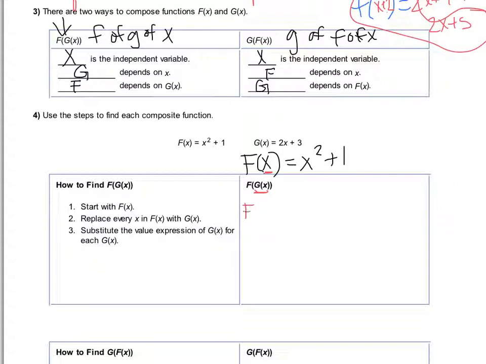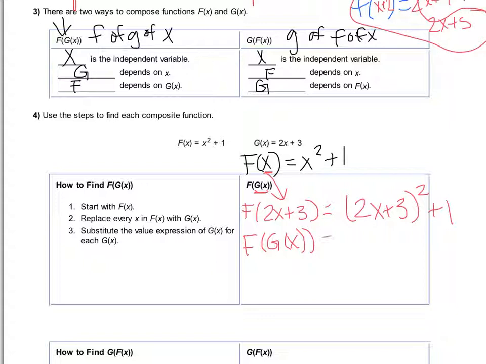So in the parentheses we're going to write what g of x is, which is 2x plus 3. Now x has become 2x plus 3, and if x becomes 2x plus 3 on the left, x must also become 2x plus 3 on the right. So f of g of x, with the g of x there because that is the correct notation, is equal to 2x plus 3 squared plus 1.